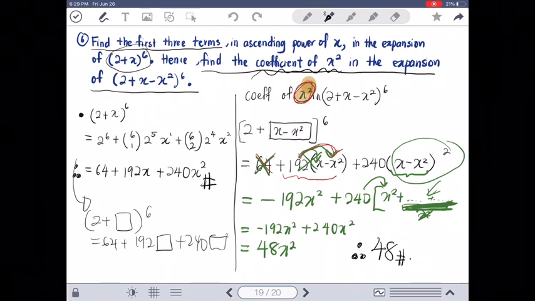You just need a really good eye and to do a little bit of thinking in order to observe the pattern. I hope this video will help you master this question.